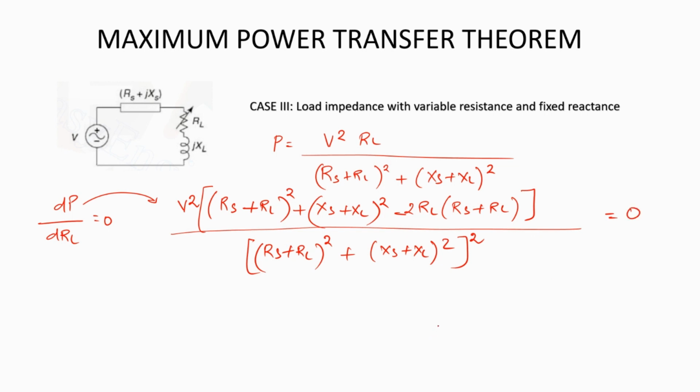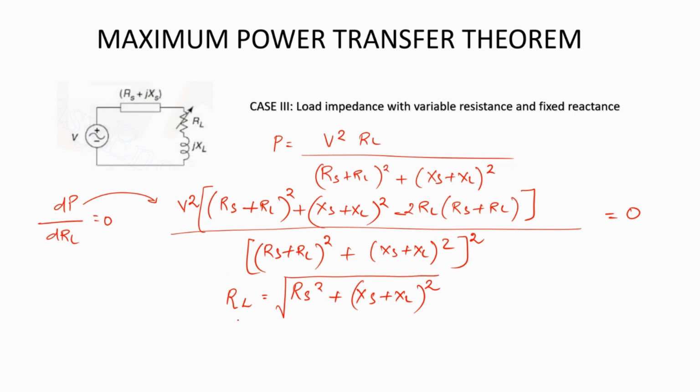Now, there are two conditions that arise over here. So, when we equate this to 0, we get RL to be equal to the root of RS square plus XS plus XL the whole square. So, this is basically the condition that we get.